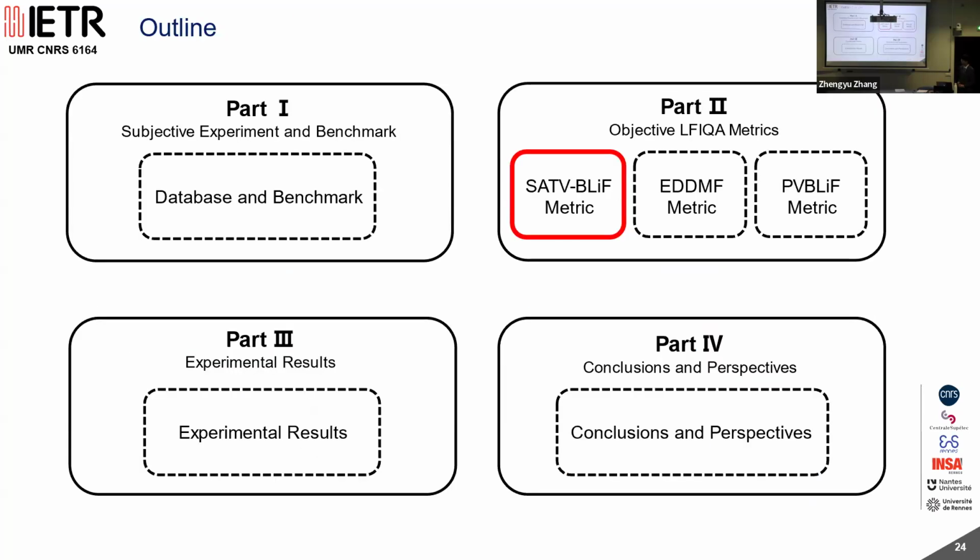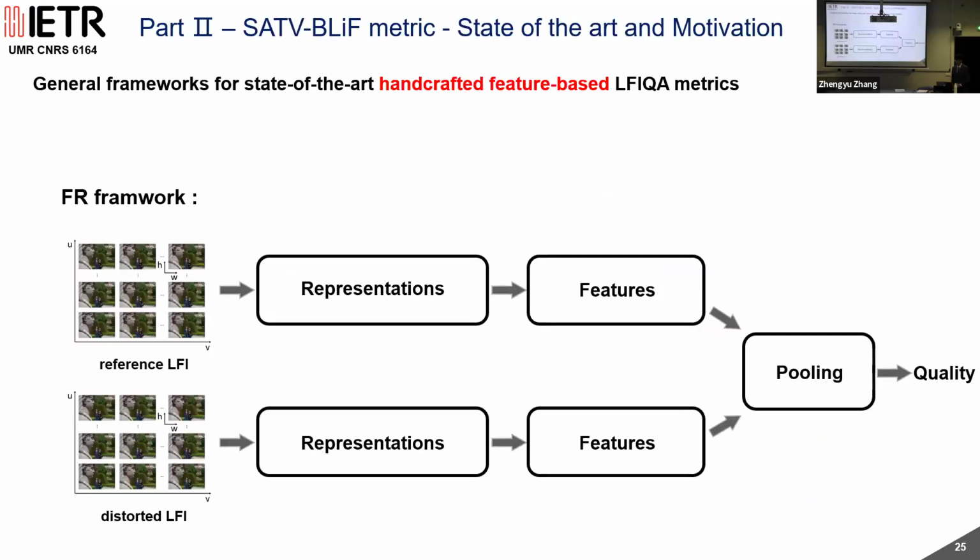Then in the part 2, we first introduce the handcraft feature-based metric named SATV3. Here, we first provide a general framework for the state-of-the-art handcraft feature-based light field image quality assessment metrics. And for the full reference metrics, we can see that both distorted light field image and reference light field image are converted into different representations, and then followed by the feature adjustments and pooling methods to predict the quality of the light field image.